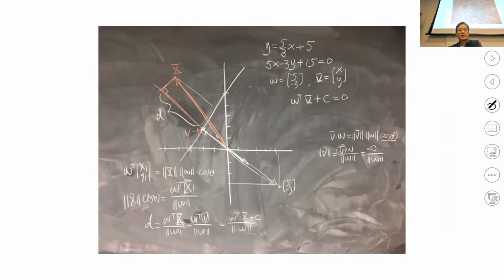Okay, now I'm going to switch to the blackboard. So at the end, you will see this distance will be in this format: the distance from a point to a line given by the parameter W here.